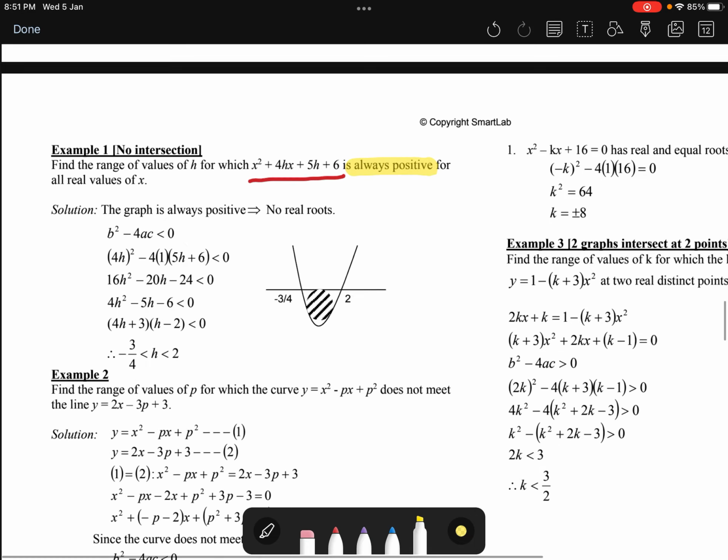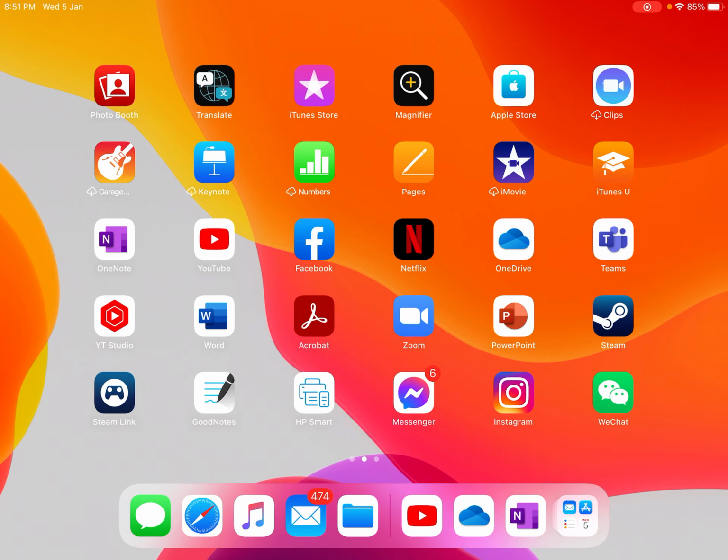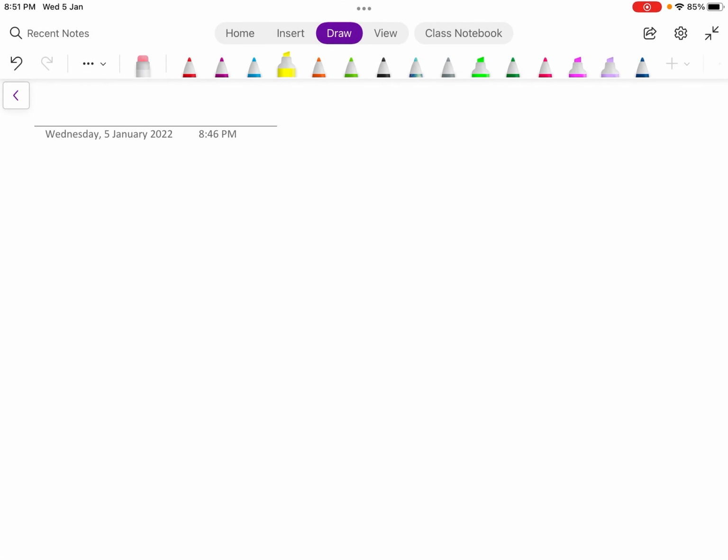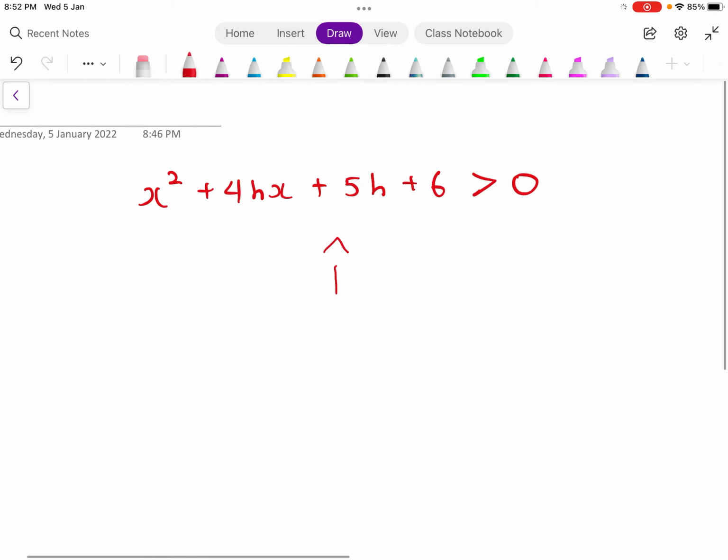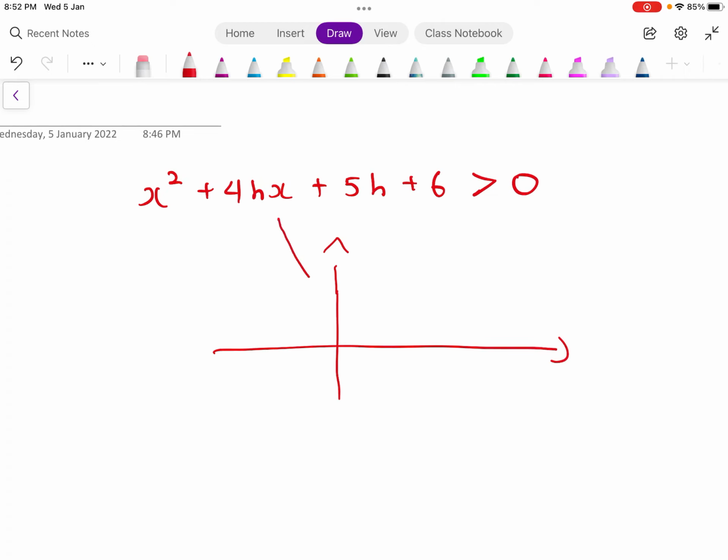Alright, so let me just write down here. x squared plus 4hx plus 5h plus 6 is always positive. So this whole graph, if I draw the graph, looks like this.